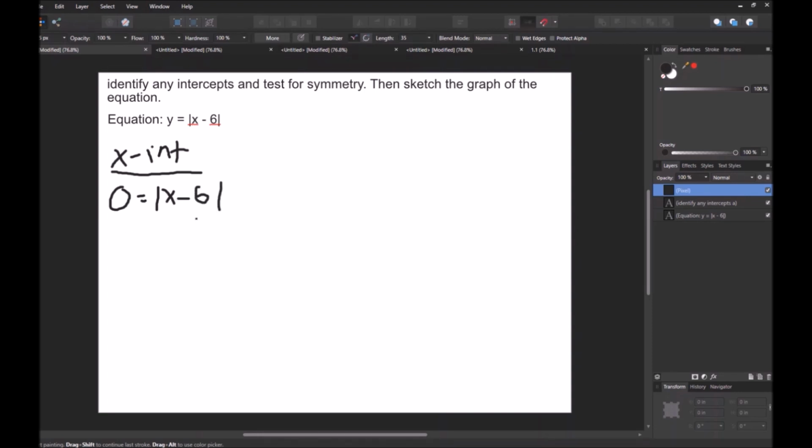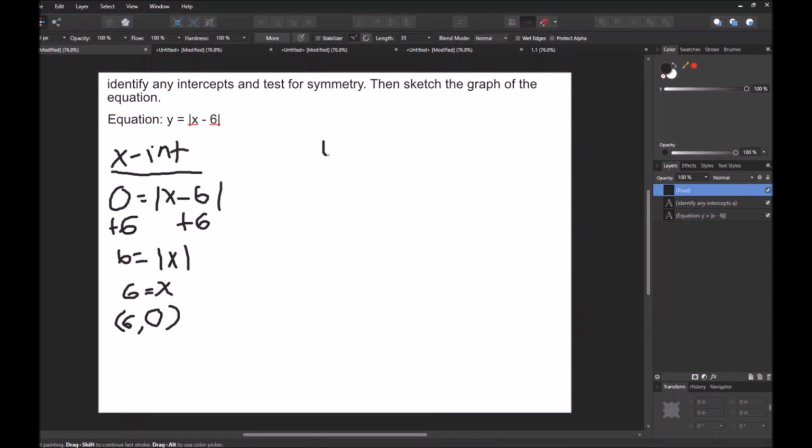And to get x alone, we're just going to add 6 on both sides. And we get the absolute value of x is equal to 6. And the absolute value of x is just x. So we get 6 equals x. So that means our ordered pair would be 6, 0.